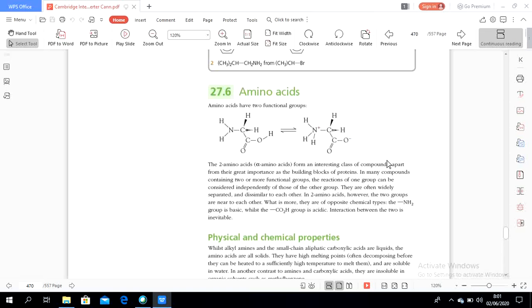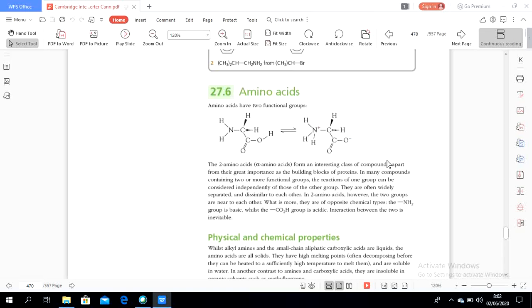In amino acids, however, the two groups are near to each other. What is more, they are opposite chemical types. The NH2 group is basic, and there is a carboxylic acid, which is acidic. Interaction between the two is inevitable.